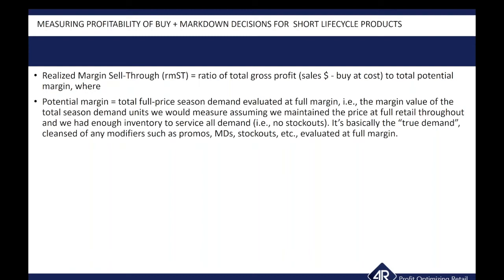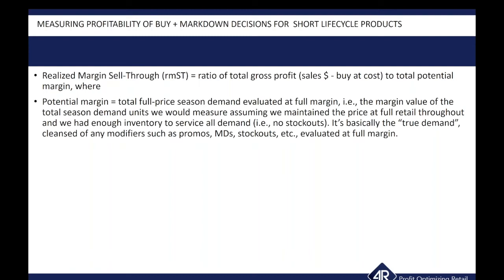In other words, it is the value of the full price demand once all the effects of stockouts and markdowns are taken out, if you remember the blue histogram a few slides back. That full price demand is evaluated at the initial margin that the item is rolled out at.